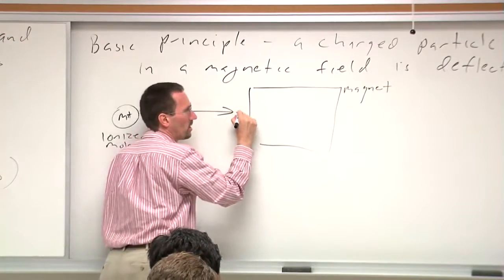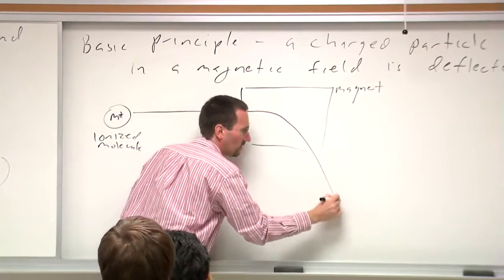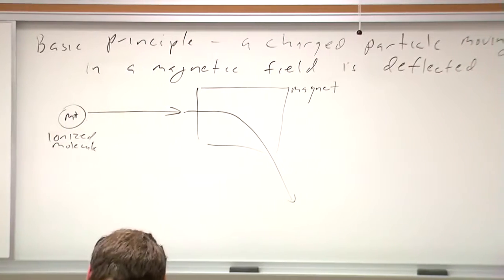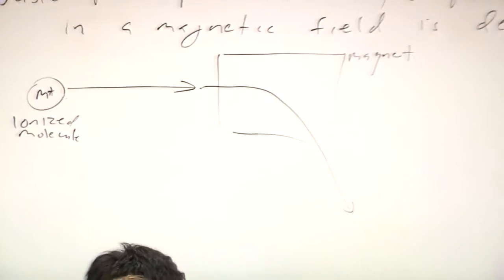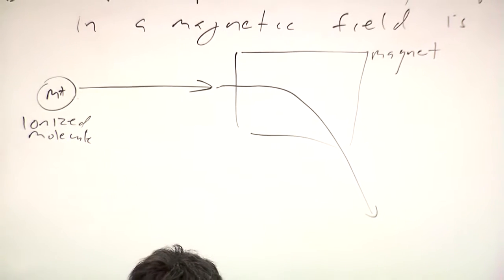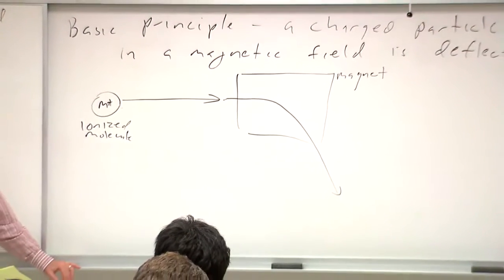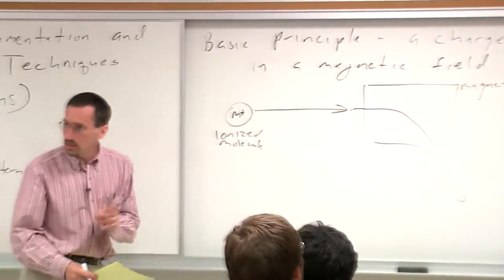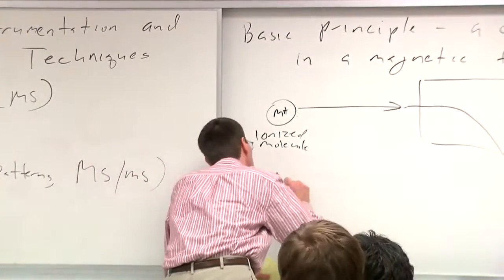And as the particle moves into the magnetic field, its path gets bent. You have a force on it, right? It's all that right-hand rule stuff from physics. The degree of deflection depends on the mass to charge ratio.